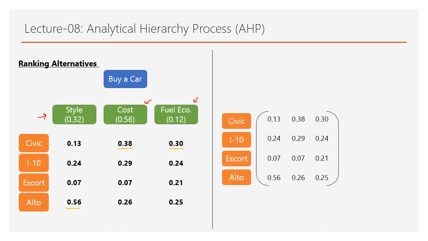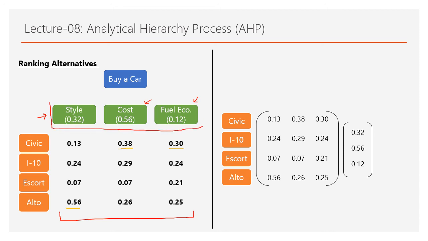So the second thing we do, we have this matrix. We need to multiply it by the weights of the criteria, this one, to get the final scores for each car. That is a comprehensive score taking into consideration all of the style, cost, and fuel economy scores.